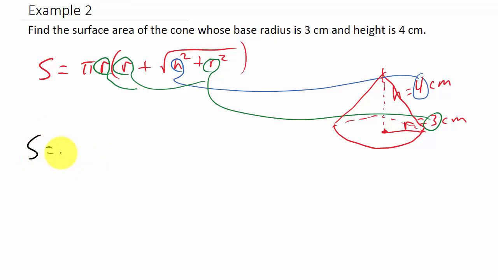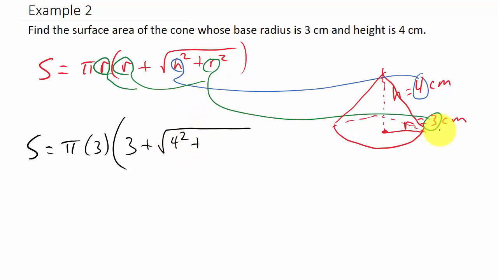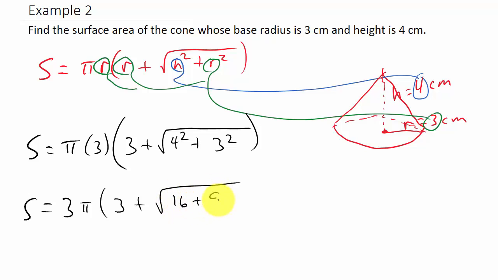Okay, so the surface area is pi times the radius, all that times the radius plus the square root of h squared, so that's 4 squared, plus r squared, that's 3 squared. And so the surface area would be 3 pi times 3 plus the square root of 16 plus 9.